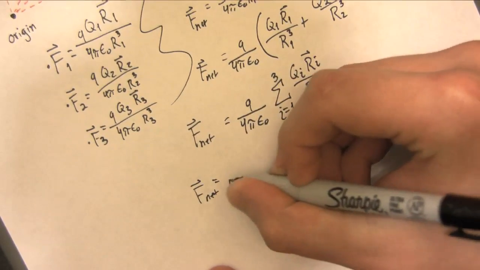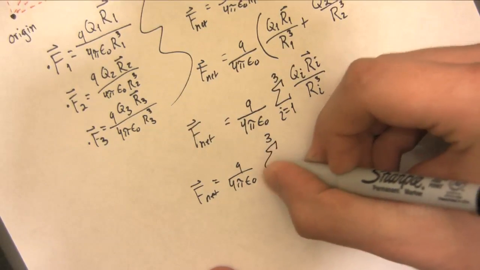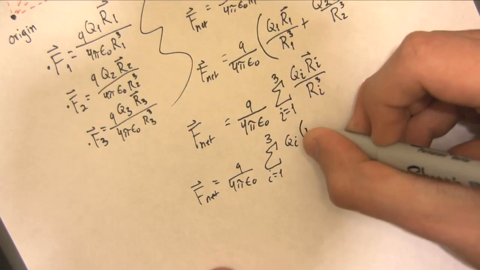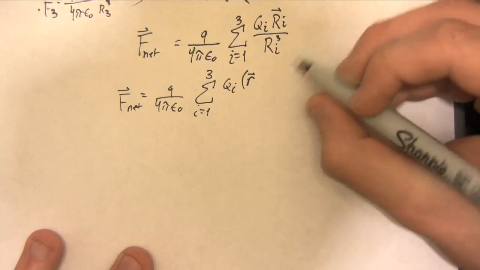So q over 4 pi epsilon naught, sum from i equals 1 to 3 of qi times the vector r, which is going to be constant. This is not changing at all.